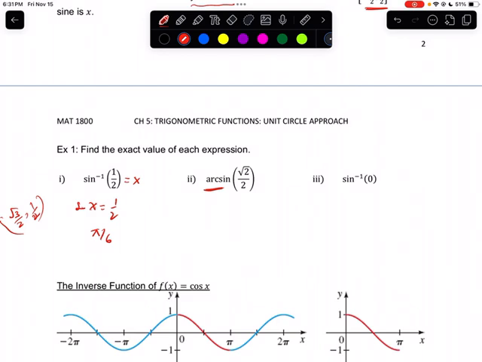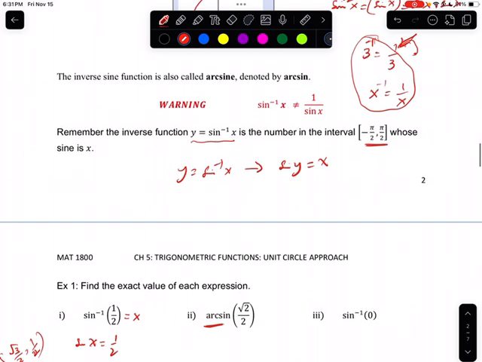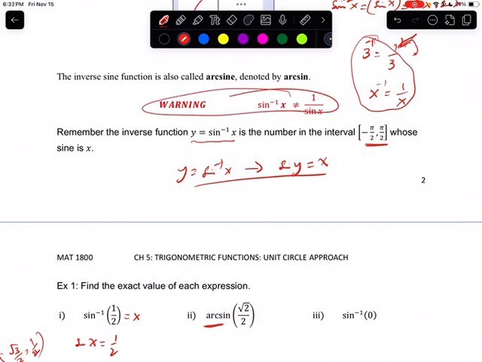I think this notation is a little bit better, not confusing, so we don't have to worry about the warning if we use this notation, arc sine of x. If you see arc sine of x equal to y, what this means is that sine of y equals x. That is what you have to remember.